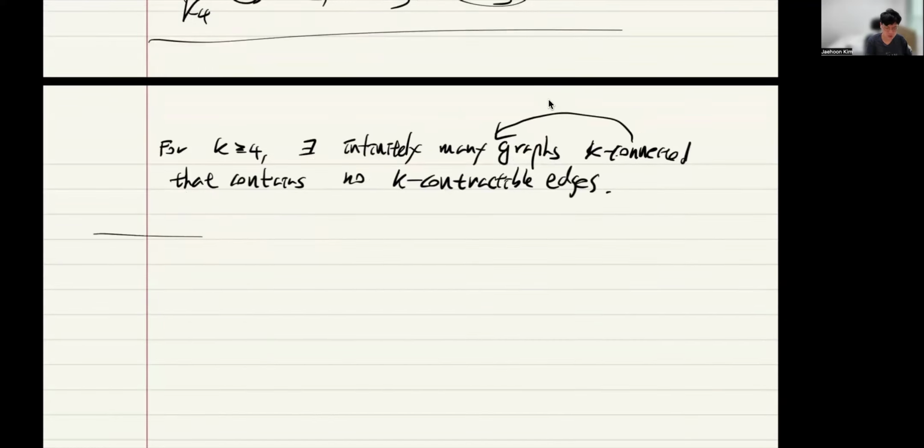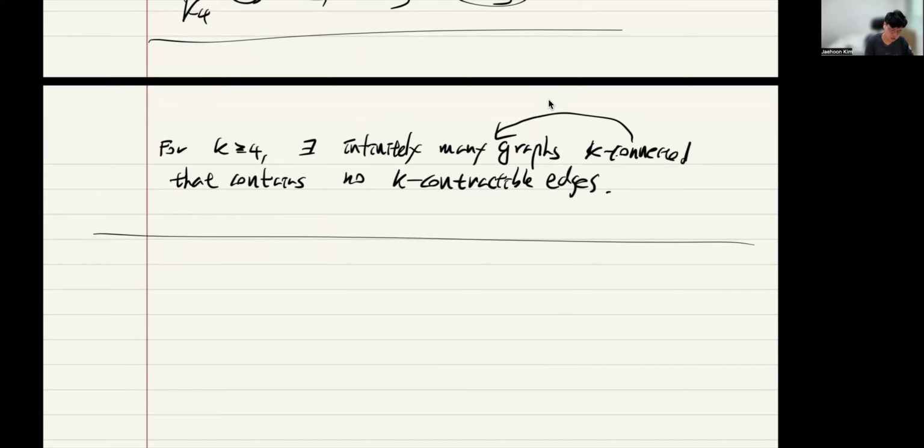So instead, for these higher connected graphs, we want to focus on studying their properties. Instead of trying to completely understand the structure, we want to rather focus on the property regarding connection.